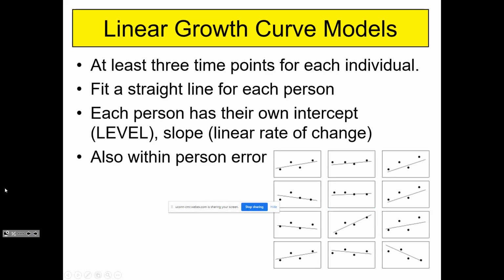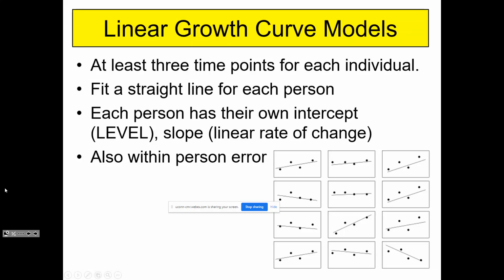X is time, Y is where they are on the outcome variable. Here, each person is measured at 4 time points, and you could plot their observations across time. And then you could imagine fitting a straight line to each person's observations separately, right?